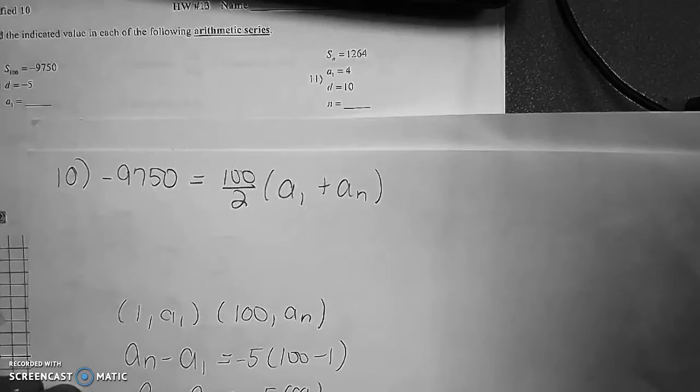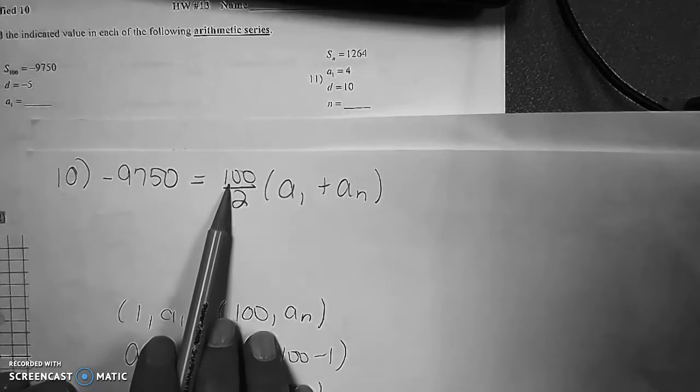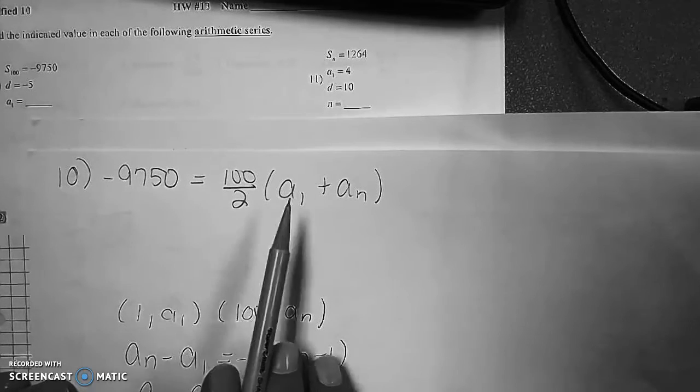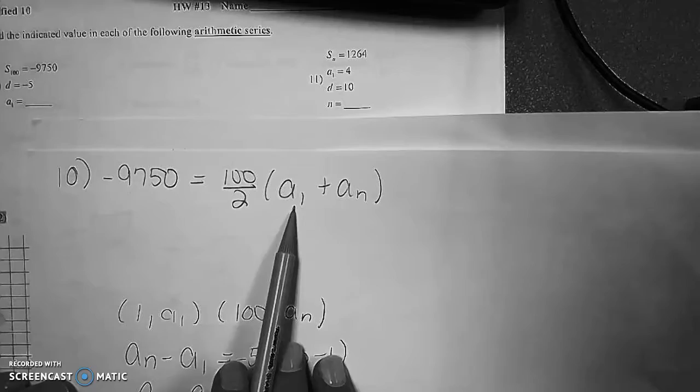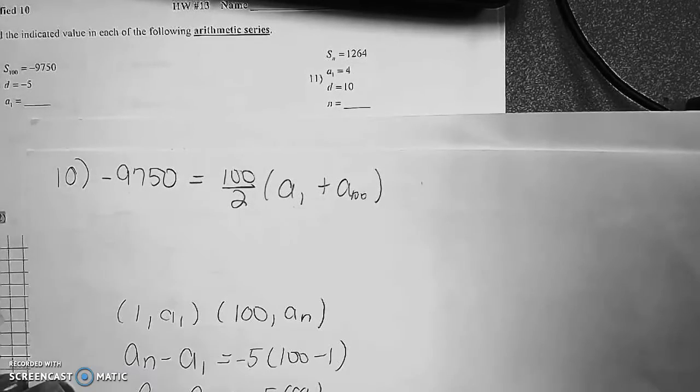About number 10, one of the things you need to make sure you catch is that it is arithmetic. If you try to use geometric, this is not going to work out well for you. So I know the sum. It actually tells me that there are 100 terms. I do not know A1, that's what it's asking me to find, and I don't know A of 100.